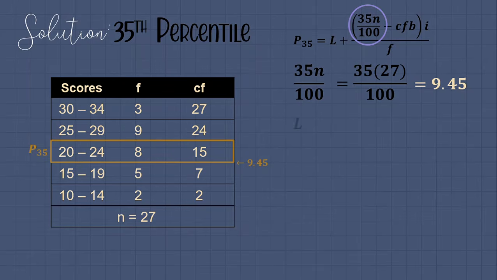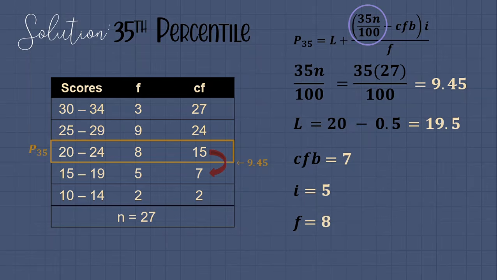So our L, or lower boundary, is equal to the lowest score in the class, which is 20 minus 0.5. Our L is equal to 19.5. Our CFB is again the cumulative frequency from below, or 7. And I, still the same, we have 5. And for the frequency of the P sub 35 class, that is equal to 8.